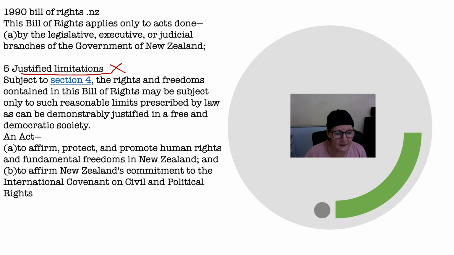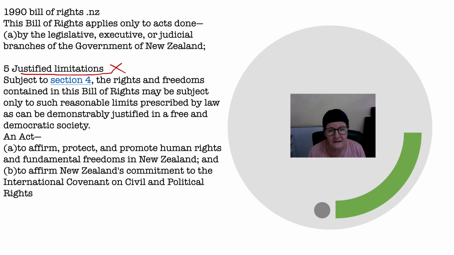Now, so the 1990 protects their humans' rights, and the indubitable rights of ours protects our rights in commonwealth countries. And then the American Constitution, they have their inalienable rights that are a little bit different also from humans' rights. So many different kinds of rights.